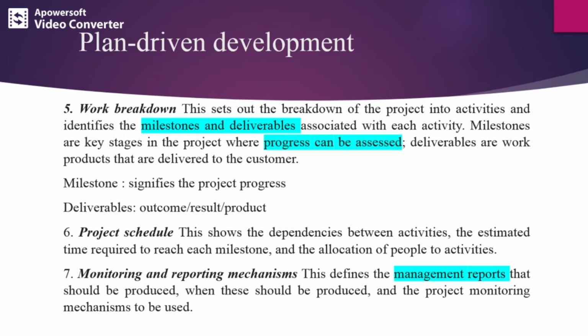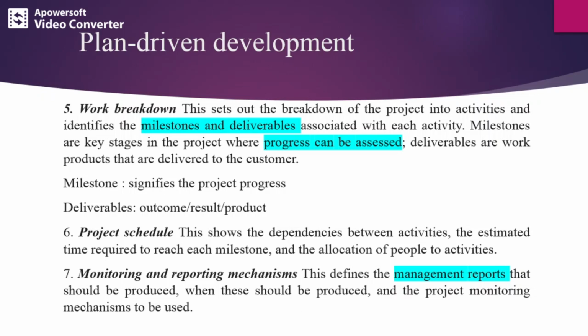Seventh one is the monitoring and reporting mechanism. The entire development process will be monitored by the project manager, and he has to give the final report. So this defines the management reports that should be produced, when these should be produced, and the project monitoring mechanisms to be used.